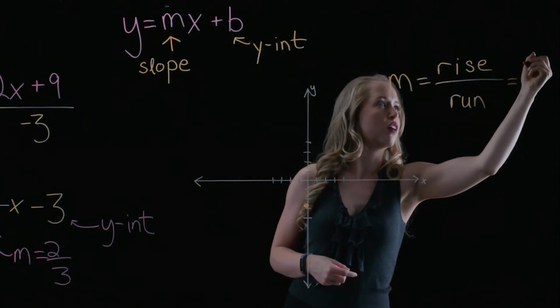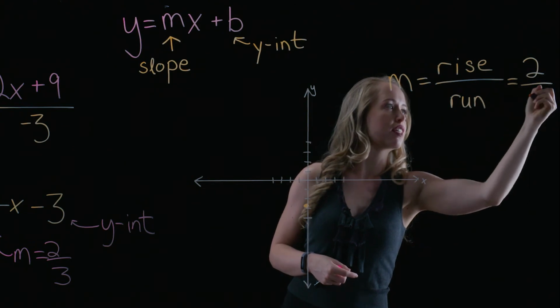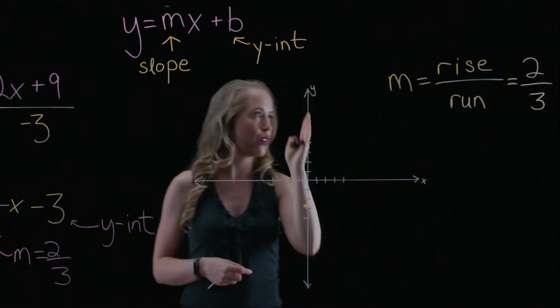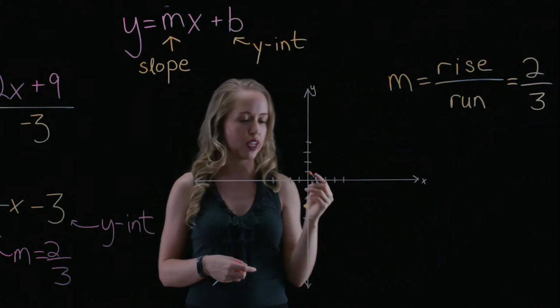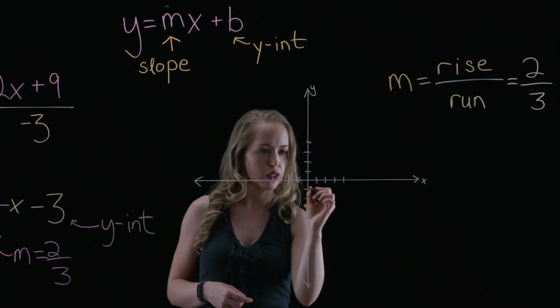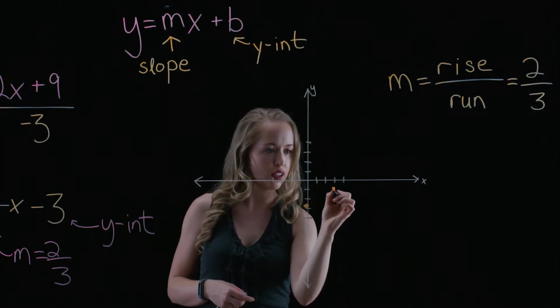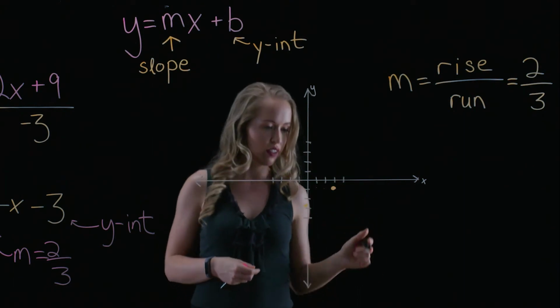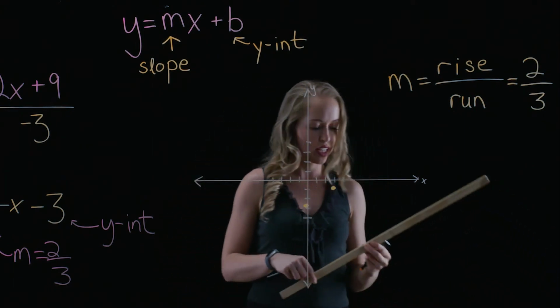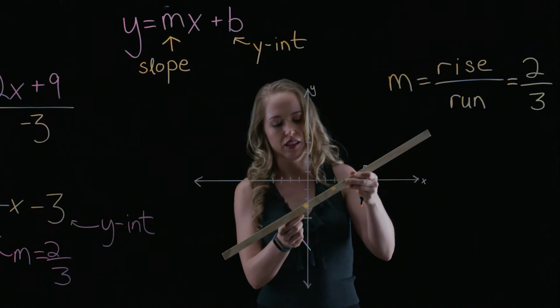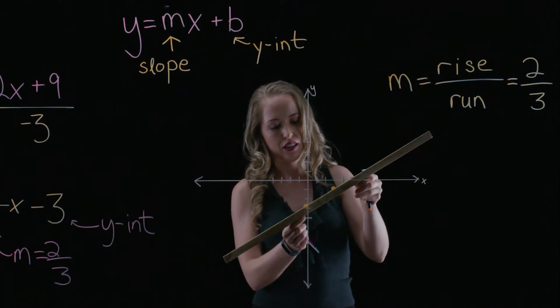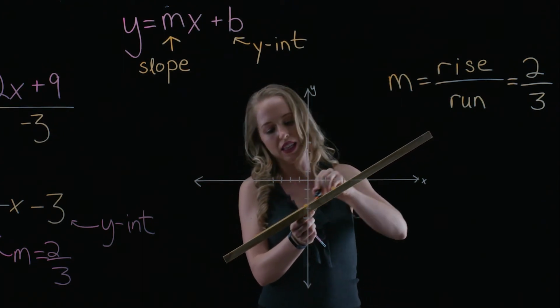So with a slope of 2/3, I'm going to go up 2, rising 2, over 3. 1, 2, 1, 2, 3, right about there. And then we are able to connect those points, and our line will look like this.